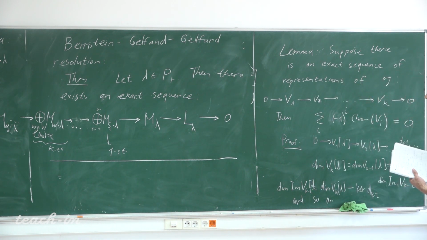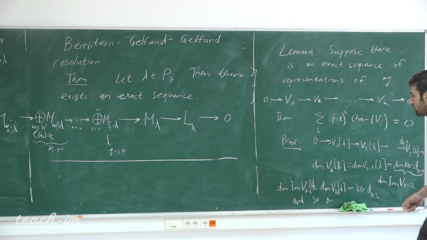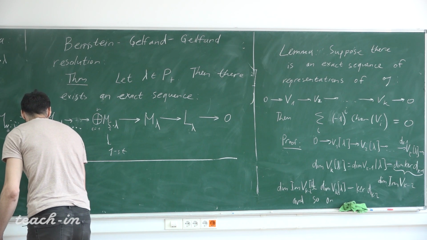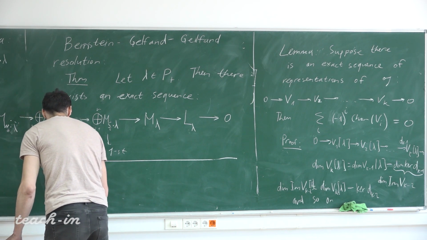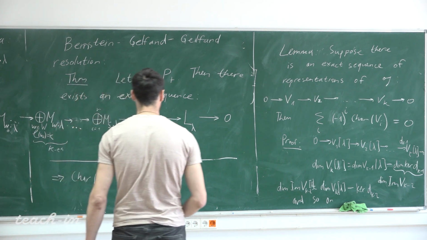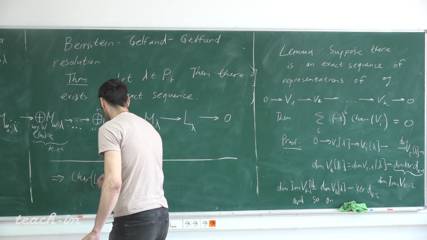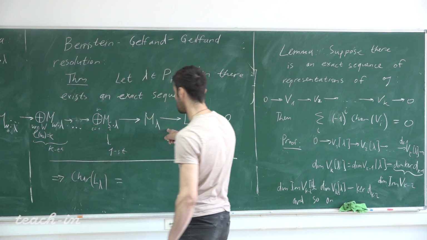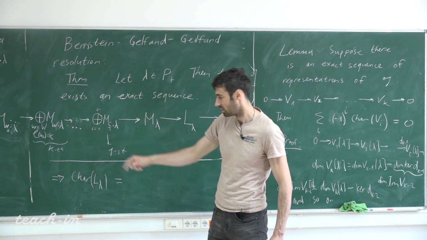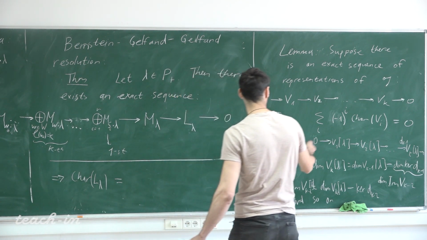So therefore, let me write it here. Using this lemma, the character of L lambda is, I'm using this, right? So I have an exact sequence, and the alternating sum is 0.